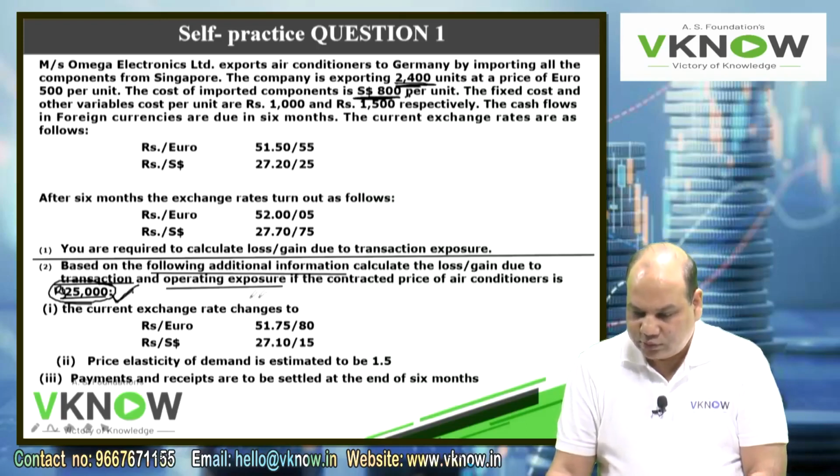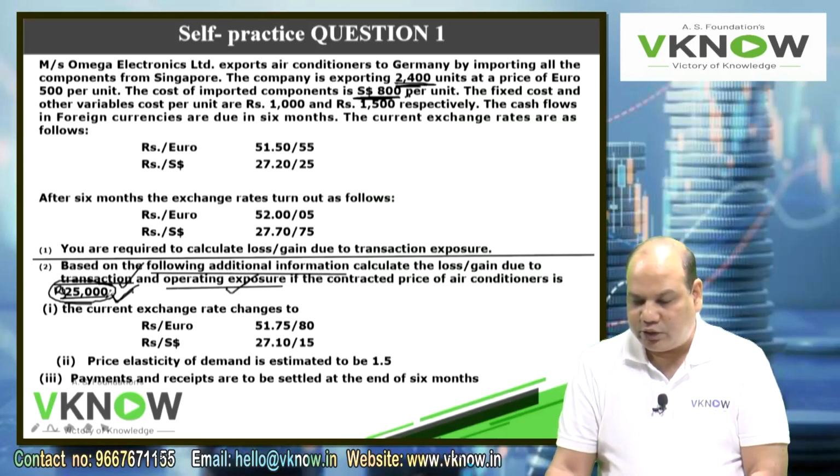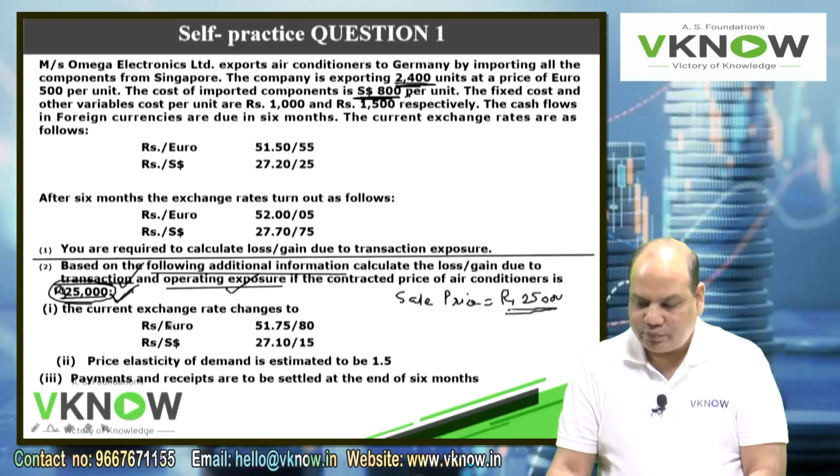Now I will repeat this question number 2 again. Based on the following information, calculate gain or loss due to 1. Transaction exposure, 2. Operating exposure, if the contracted price of the air conditioner is 25,000. So now the sale price is in home currency rupees 25,000, so no transaction gain or loss here.